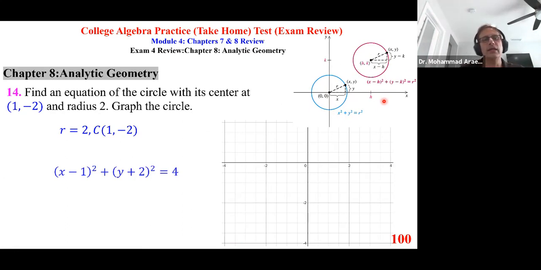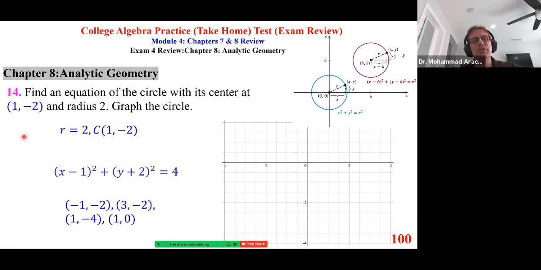So we have the center. Now from the center, we are going to go r units, 2 units to the right and left, up and down. That's how we come up with these 4 pairs. One easy way is to start with (1, -2), and then, as I mentioned, go 2 units to the right.